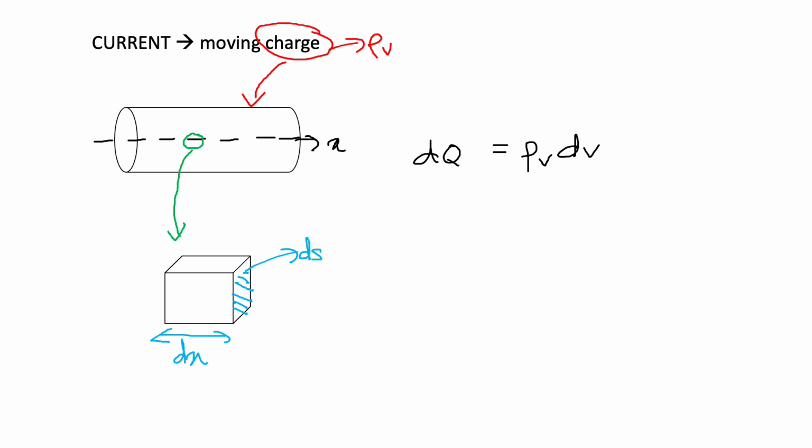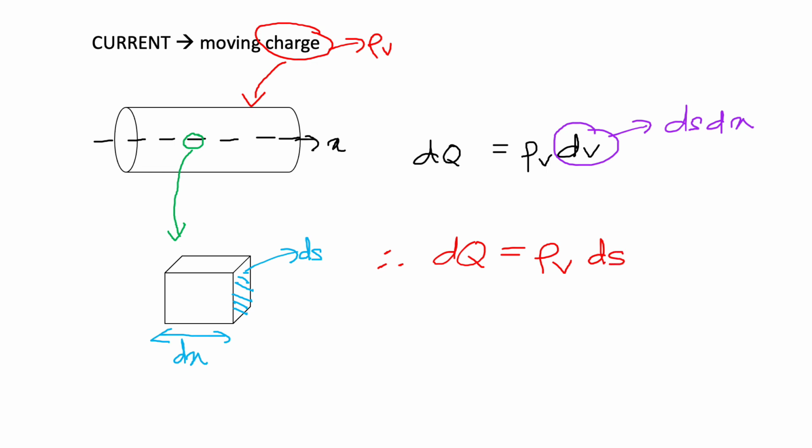Here we can replace dv with ds dx. So we can write dq, or the small charge, is equal to rho v ds dx, where ds dx is the volume of our sample box.